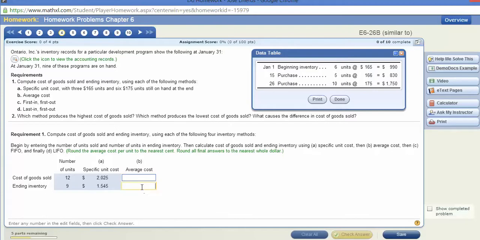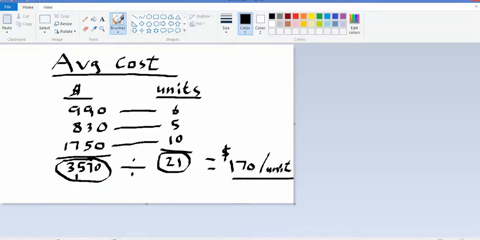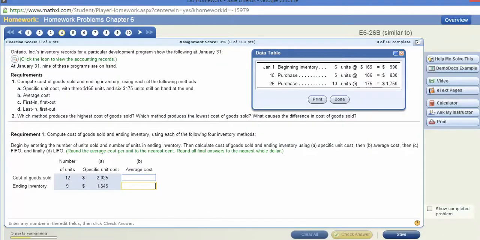We kept 3 units and 6 units. That's our 9 here. The number of units left hasn't changed, and the number of units sold hasn't changed. The only thing these methods swing around is the dollars. So we take 9 units and multiply by that 170. 9 times 170 is 1530.